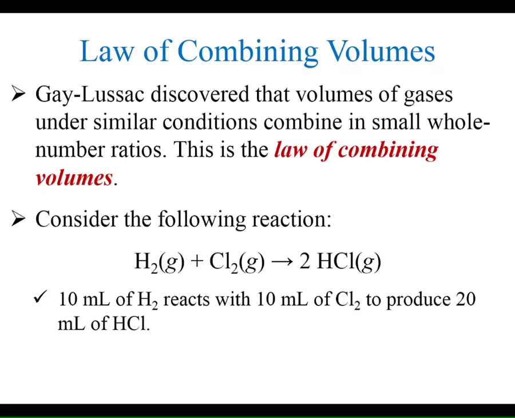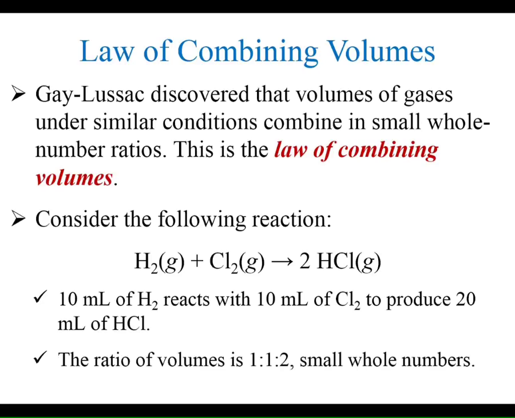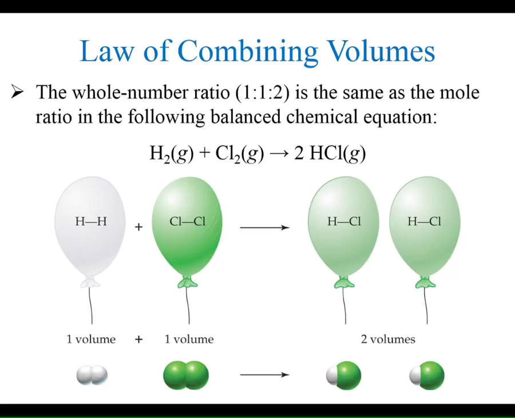Or if it's 10 and 10, it's 20. These are small whole numbers, 1 to 1 to 2. This is called the law of combining volumes. Gases combine in small whole number ratios by volume, the exact same ratio as moles.